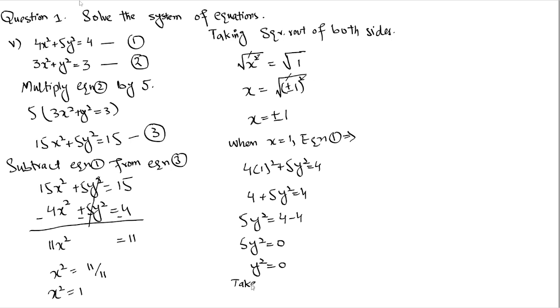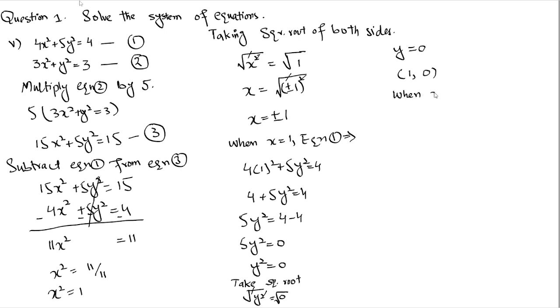Take the square root of both sides. Square cancels out with square root and implies that y is equal to 0. So when x is 1, the value of y is 0. So one ordered pair is (1, 0).